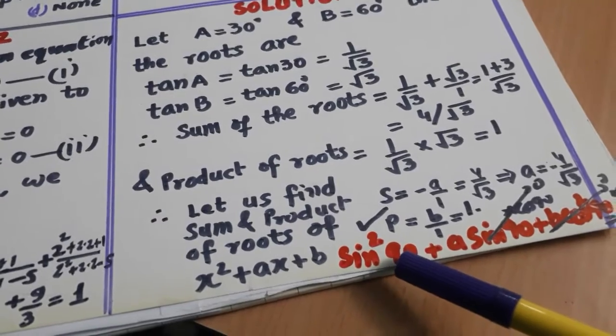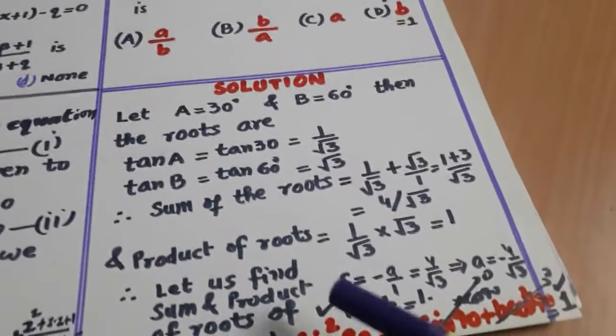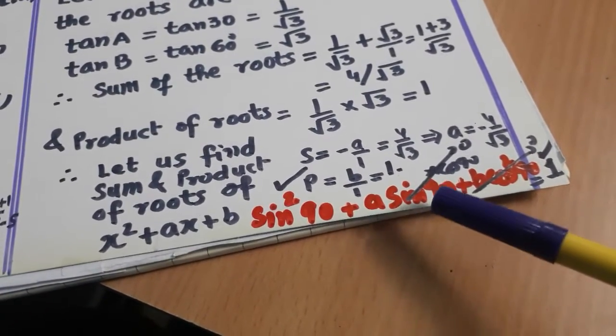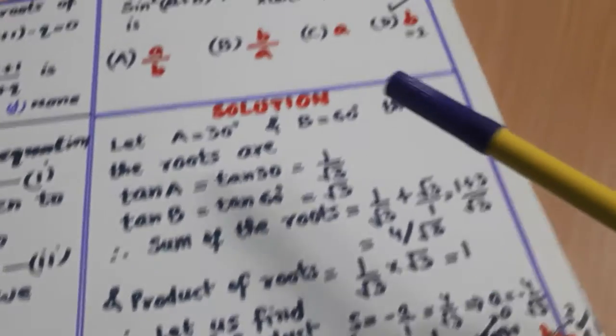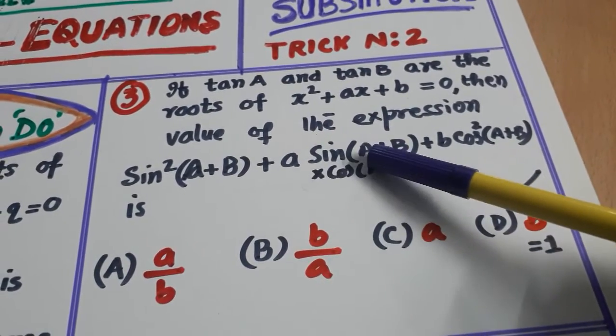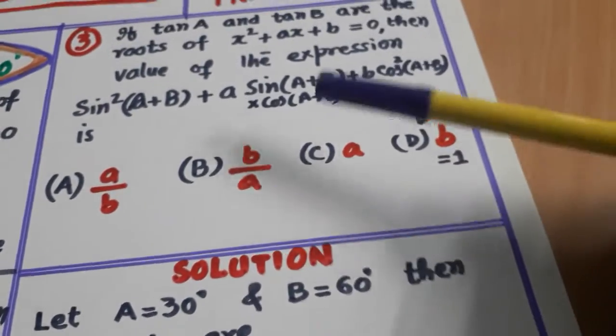Now sine square A plus B. Sine A plus B into cos A plus B. A is 30 degree, B is 60 degree.